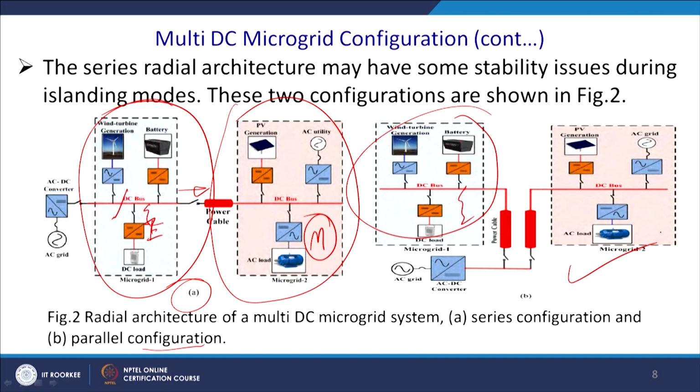But the problem is you have to send power through this, so you have to coordinate in this way. Exchange of power in the parallel condition is a little complicated, but it is quite simple in the series configuration.